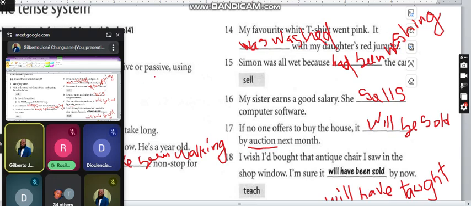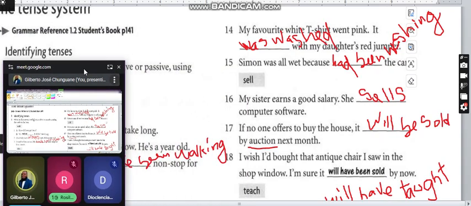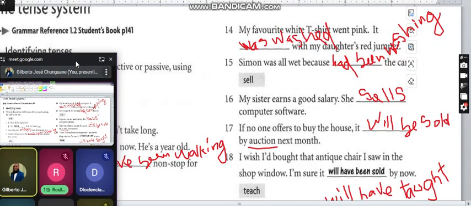Rosilda? Okay, yes. Go ahead, please. Even I had some doubt about this question because I had written that Simon was all wet because he had washed the car. And I think we gave a different answer.